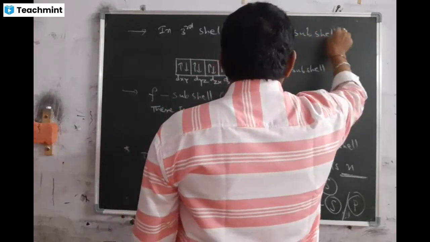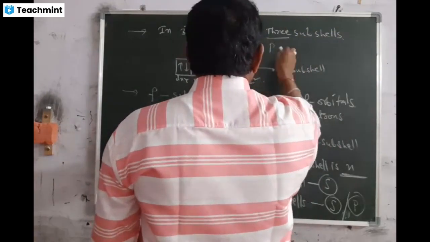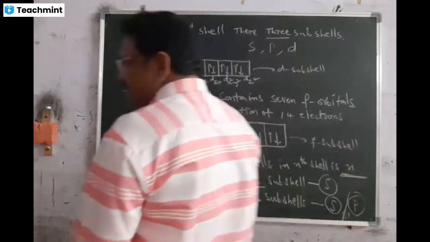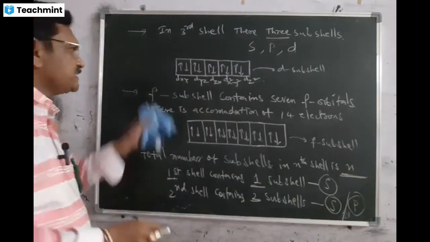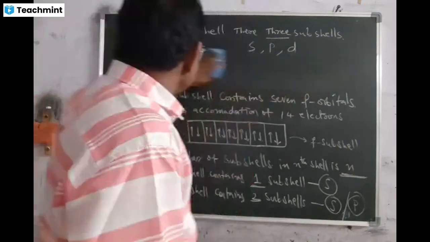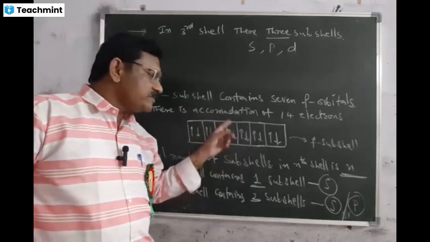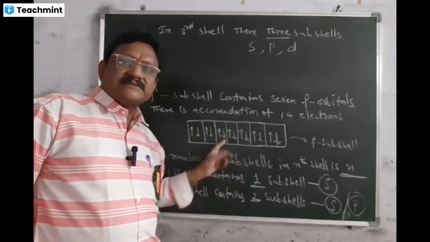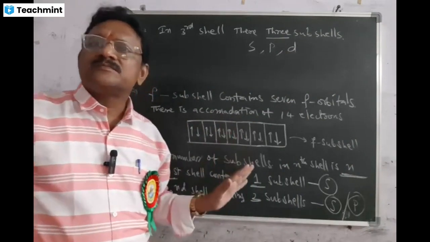What are those 3 subshells? S is one subshell, P is another, and D is another. SPD subshells. Have you completed writing this?